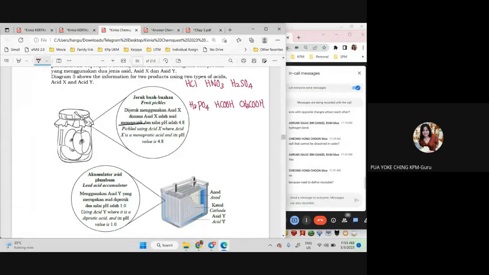Okay, ini adalah contoh-contoh acid yang kamu belajar lah. Ada juga like oxalic acid, like lauric acid. Okay. But all this oxalic acid, lauric acid, propanoic acid ke whatever acid, bawah ni all is weak acid.